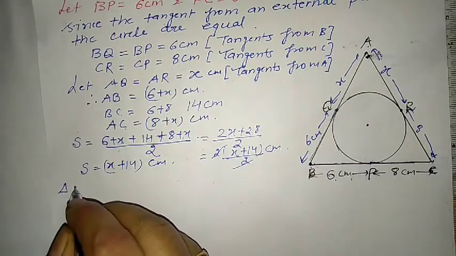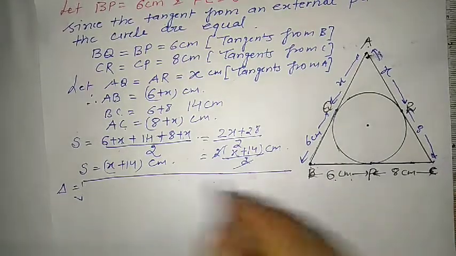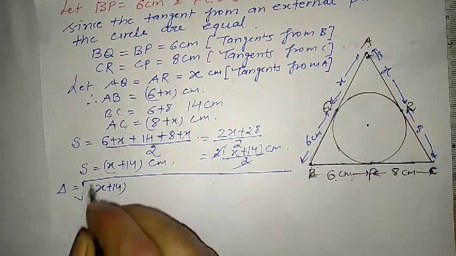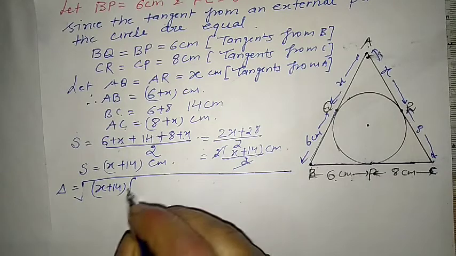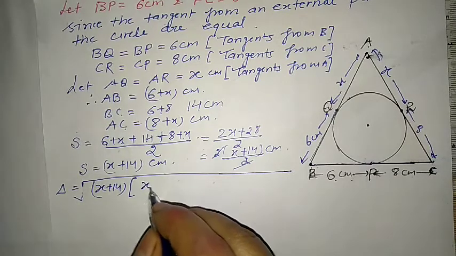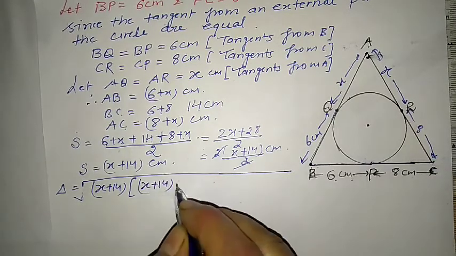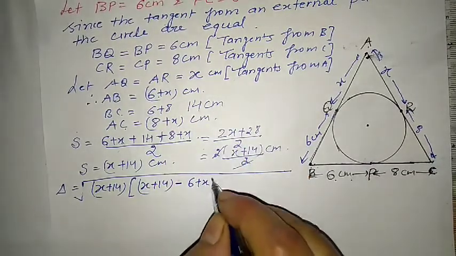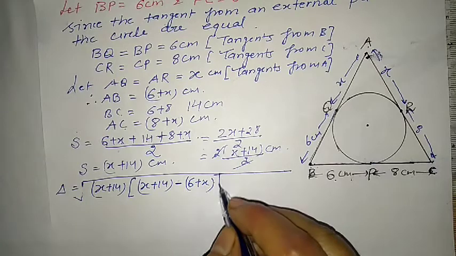Area we can find is equal to under root. We have S, that is X plus 14. Then we have S minus A. X plus 14 minus A is 6 plus X, so we can write 6 plus X. Bracket close.